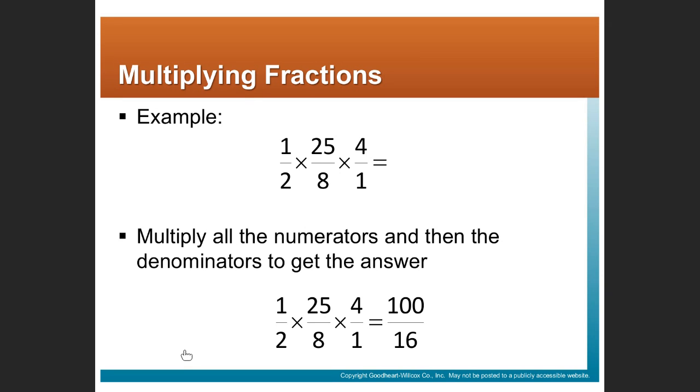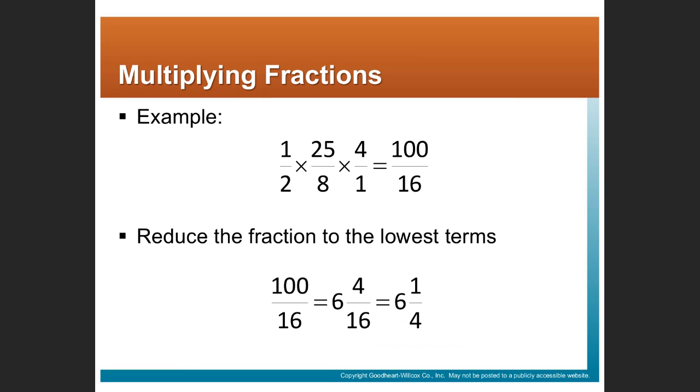Divide 100 by 16, that is 6, and we have 4 left over. So 6 and 4/16 can get simplified to 6 1/4. Do you need me to step through that again?